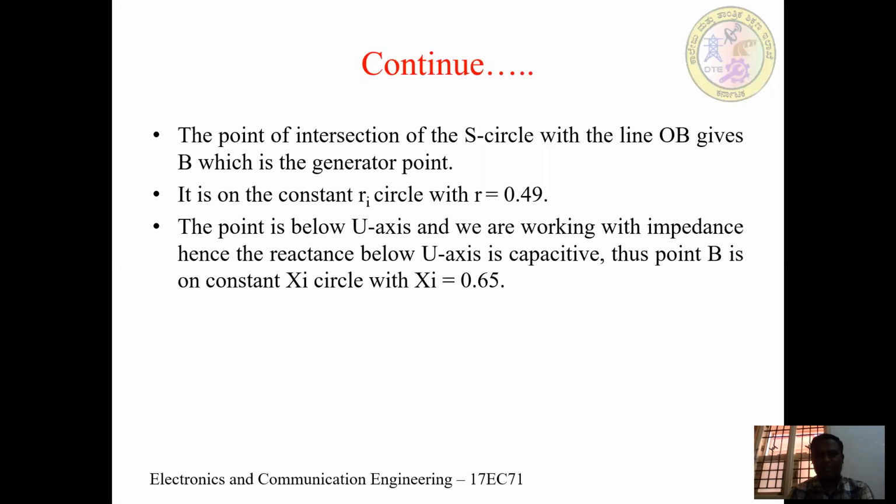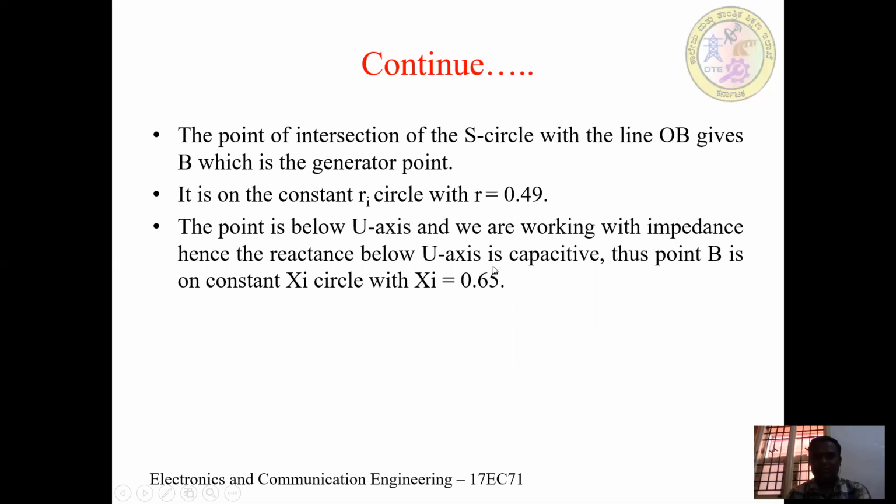The point of intersection of the SWR circle with the line OB gives B, which is the generator point. It is on the constant R circle with R equal to 0.49, as you can see. The point is below the real axis, in the lower part, not the upper part. And as we are working with impedance, the reactance below the real axis is capacitive.